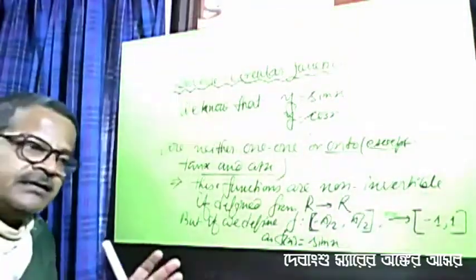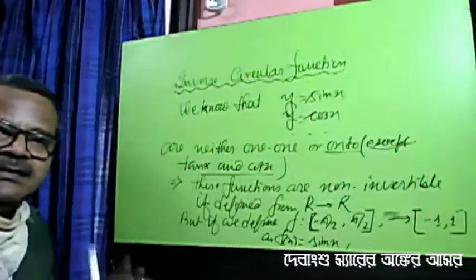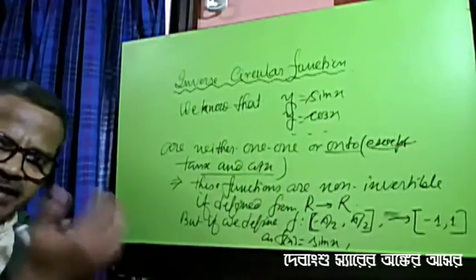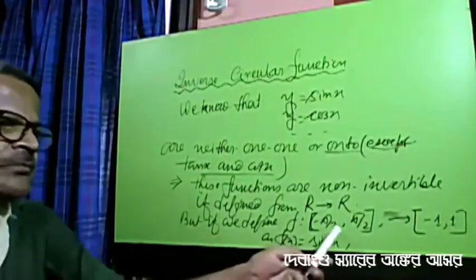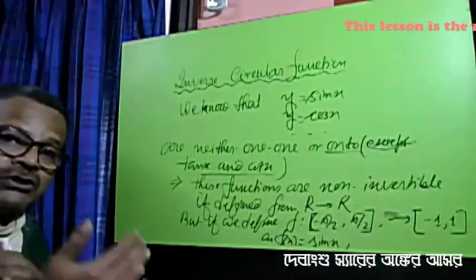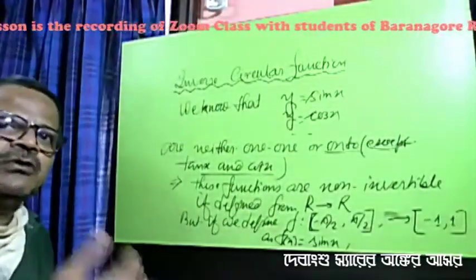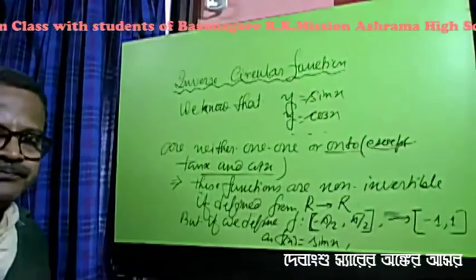So to make these functions invertible, we modify their domain and codomain to make them bijective, that is 1-1 and onto.